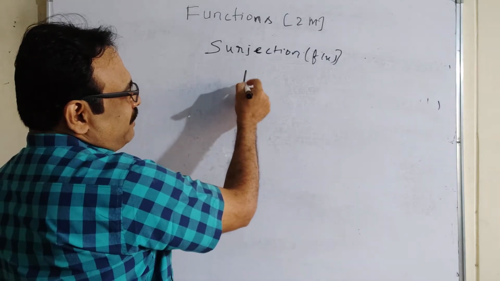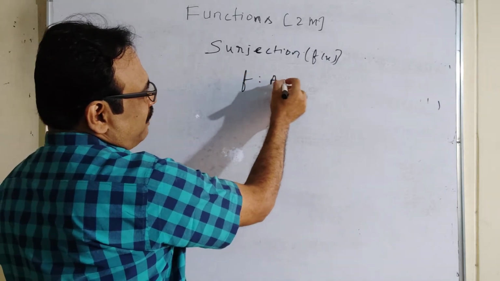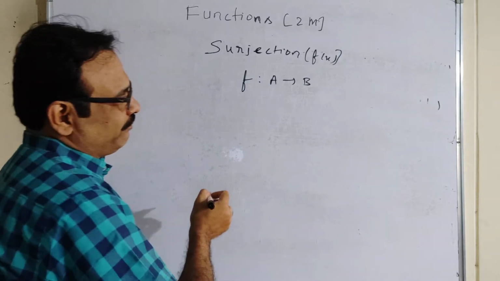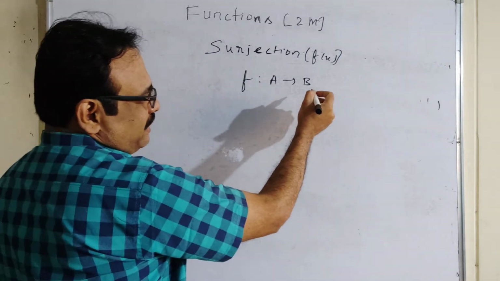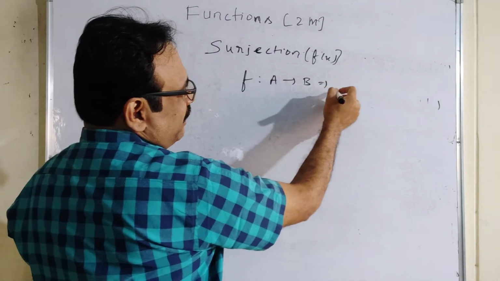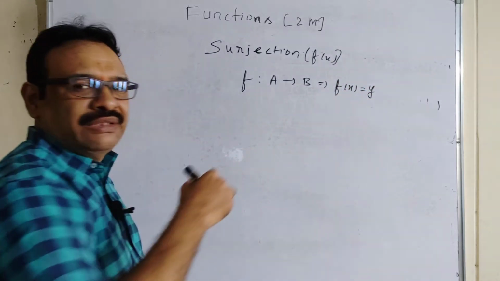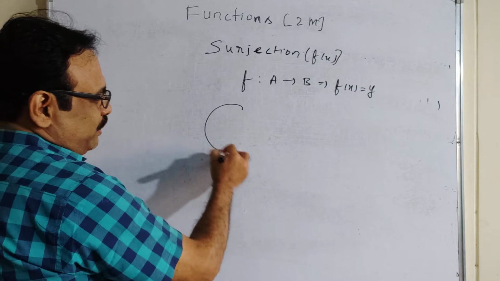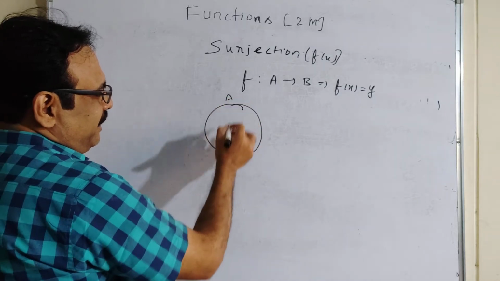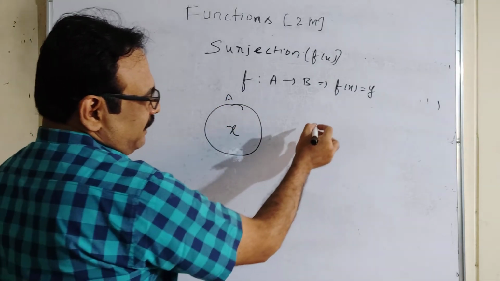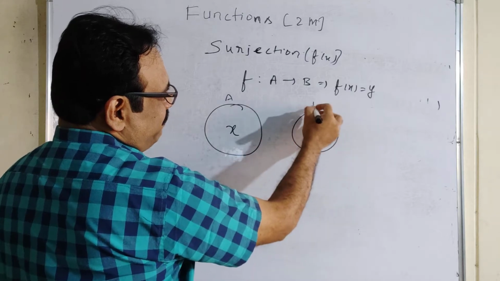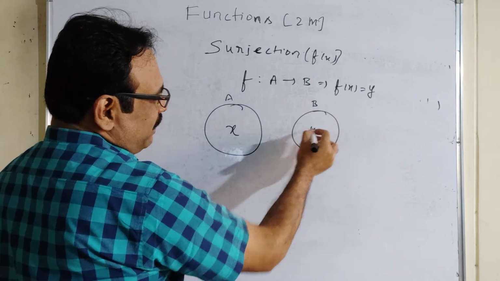This is the function f mapping from A to B. Therefore, I'll be writing f image of x is equal to y. The reason is that suppose this is the set A which contains x, and this is the set B which contains y.